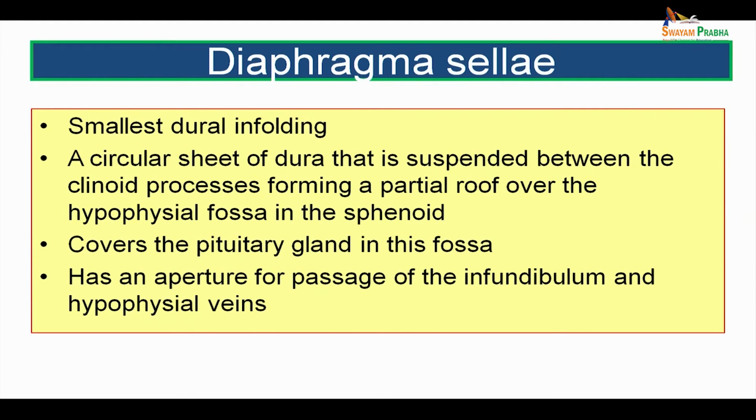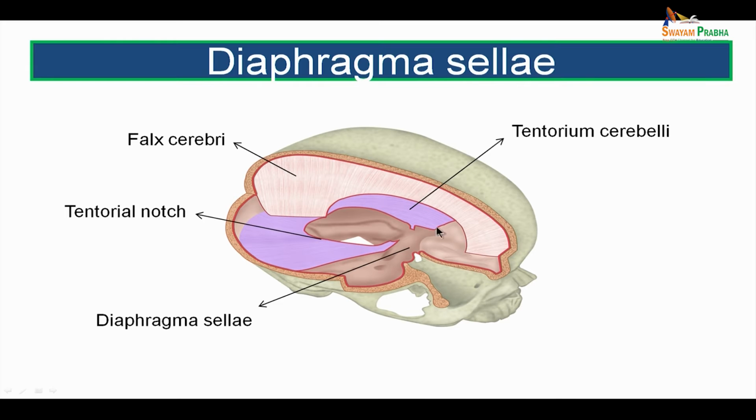It covers the pituitary gland in this fossa and also has an aperture for passage of the infundibulum and the hypophyseal veins. This picture shows us the diaphragma sellae, which is a small circular fold of dura mater attached between the clinoid processes.